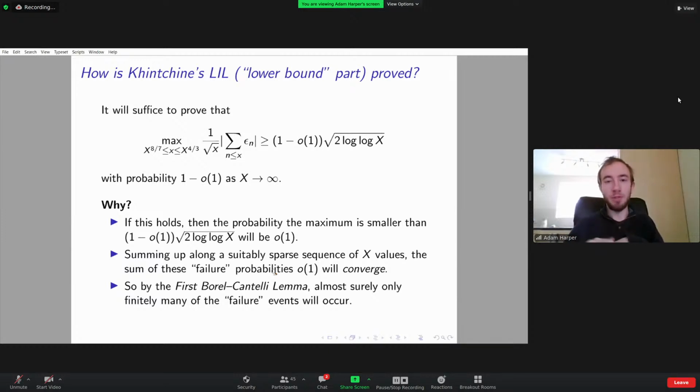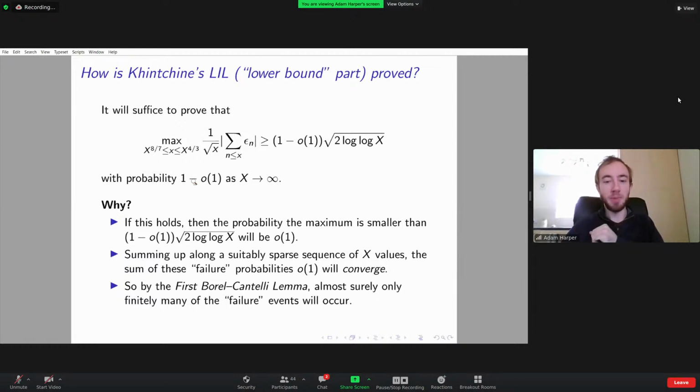We'll never be able to engineer things for random multiplicative functions so that our events are exactly independent. Whereas the first Cantelli lemma doesn't require any independence assumptions. It just requires that the sum of the probabilities of the events converges. But the price you pay for that is that to get the sums of these probabilities to converge, you need to know this lower bound occurs with probability tending to 1. If you're able to use the second Cantelli lemma, you just need these probabilities to be not too small.